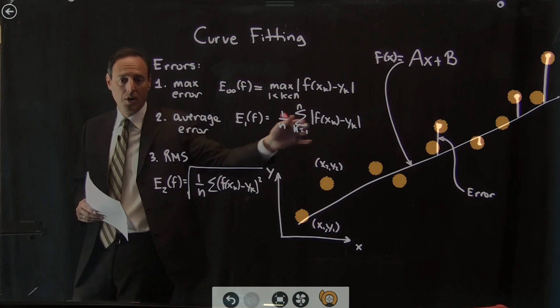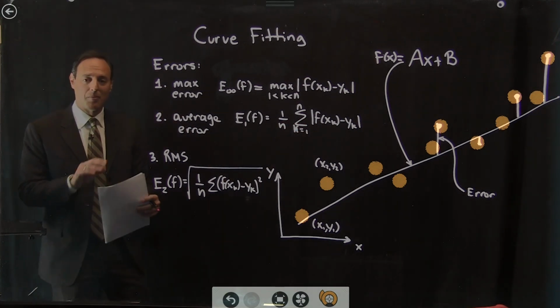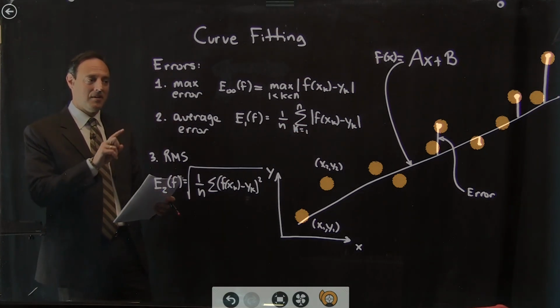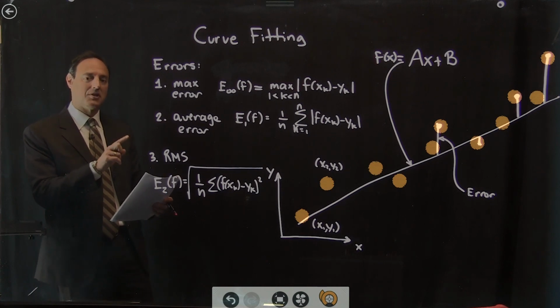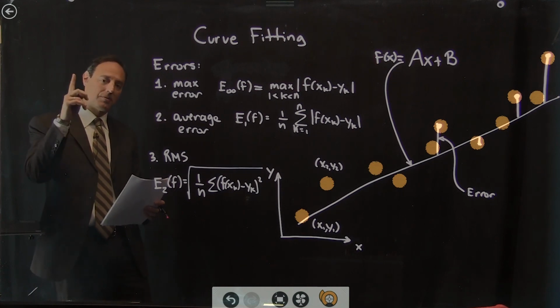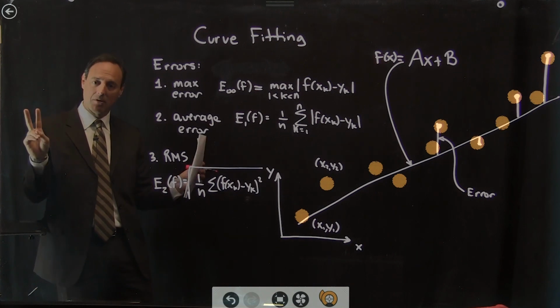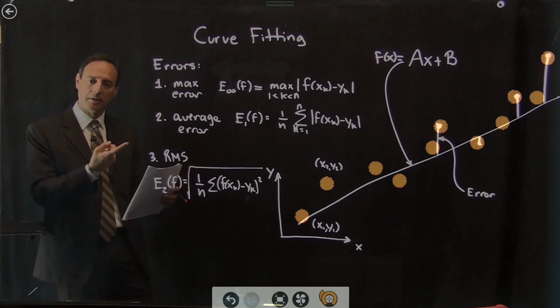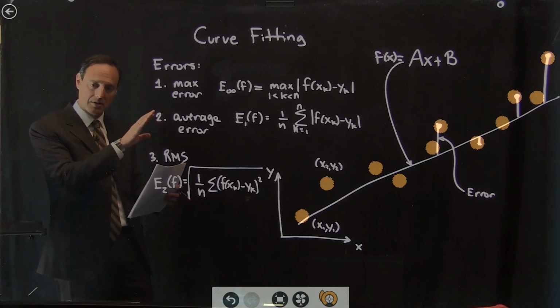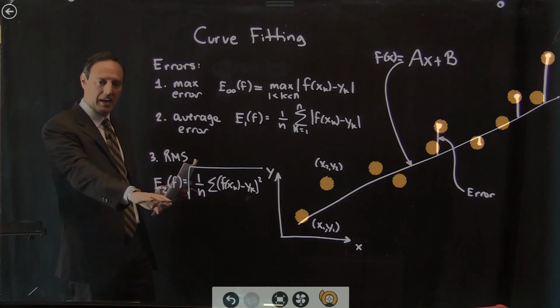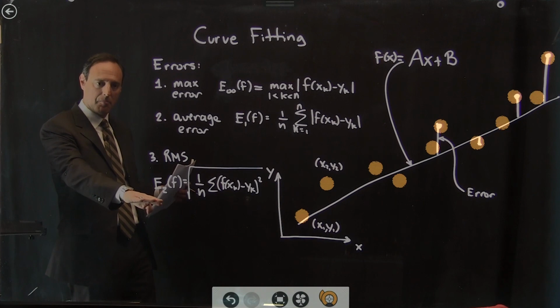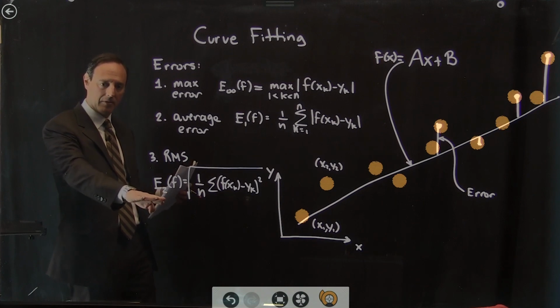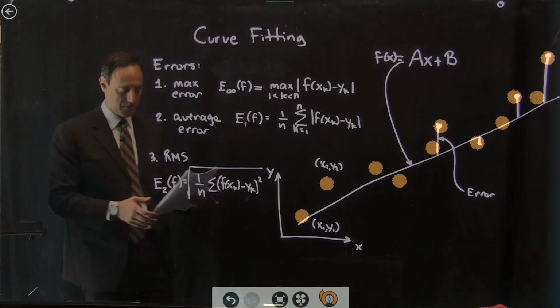Notice this is the E1 error here, and we can talk more about that later in this course. That doesn't penalize the distance so badly. So even if a point is very far away, could be an outlier for instance, the outlier does not penalize this error heavily. An outlier here penalizes very heavily because you're squaring that distance.